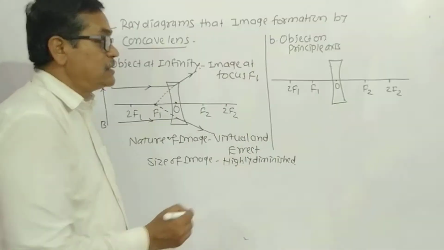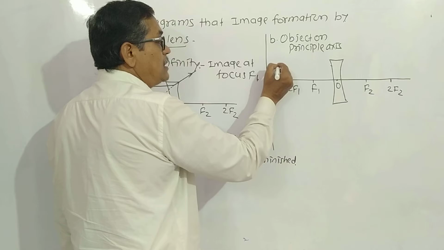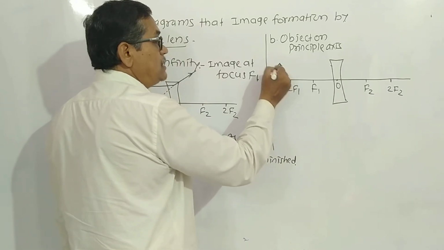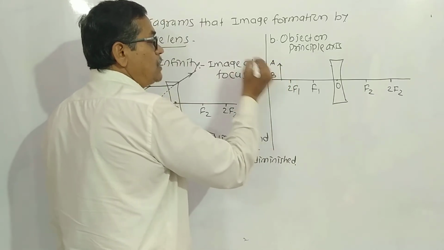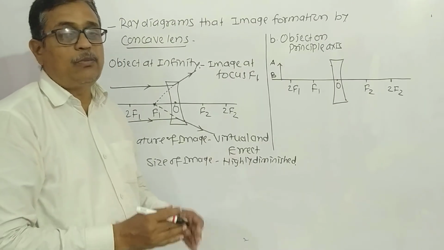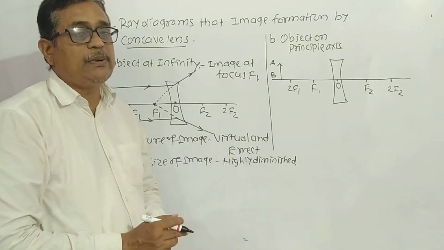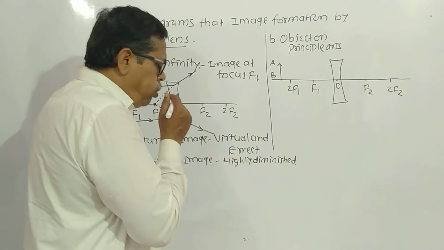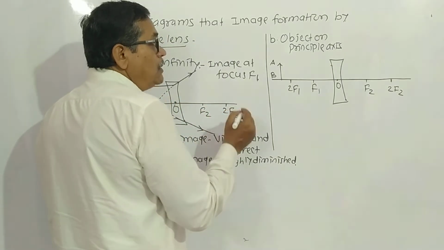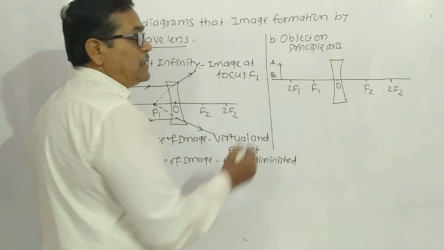Object on principal axis, here the object is on principal axis, AB is object. Dear student, object is always above the principal axis. In this case, object on principal axis.